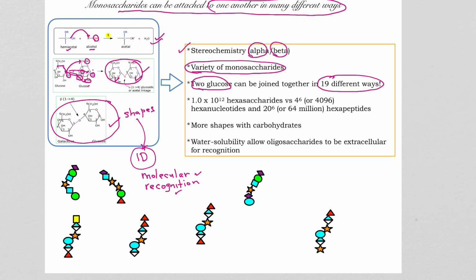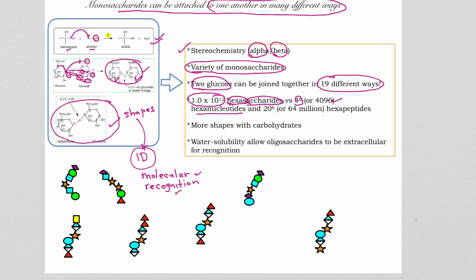So let's look at an example, hexa, 6. You can join 6 monosaccharides together. How many different ways? Billions, about 1 times 10 to the power 12. Later we'll see you can make a hexanucleotide, a DNA or an RNA, 4 to the power 6, that's about 4,000 different ways.